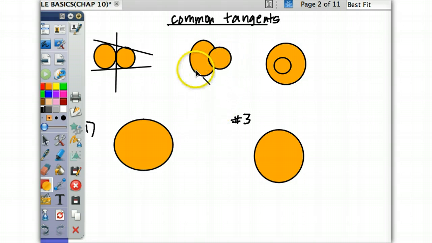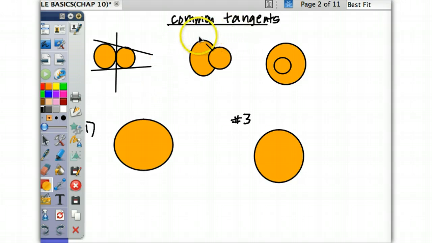How about these two circles? How many common tangents do you think I could draw? Two. Yes, it's going to be two. One here. Oh, it's not quite a tangent. Let me try that again.